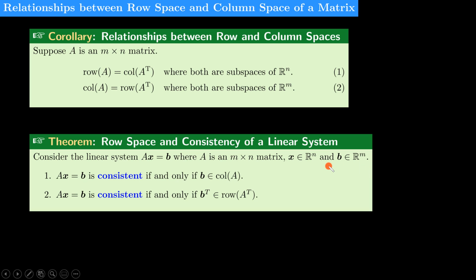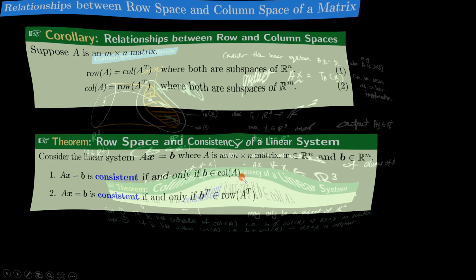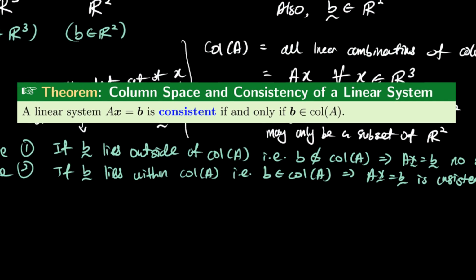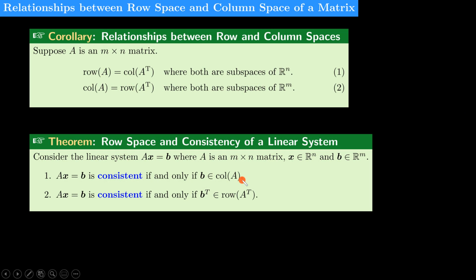Recall in our previous lesson on the column space, we claimed that Ax equal to B is consistent if and only if B lies in the column space of A. Now, by virtue of the above relationships that we have just learned, we can also claim that Ax equal to B is consistent if and only if the transpose of the vector B lies in the row space of A transpose.